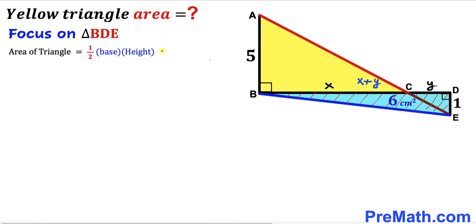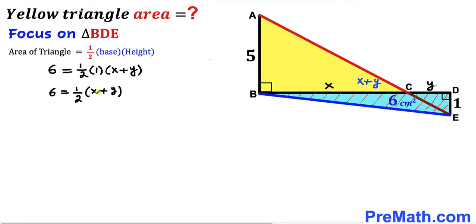Let's fill in the blanks in this formula. 6 equals 1 divided by 2 times 1 times x plus y. So this could be written as 6 equals 1 divided by 2 times x plus y.